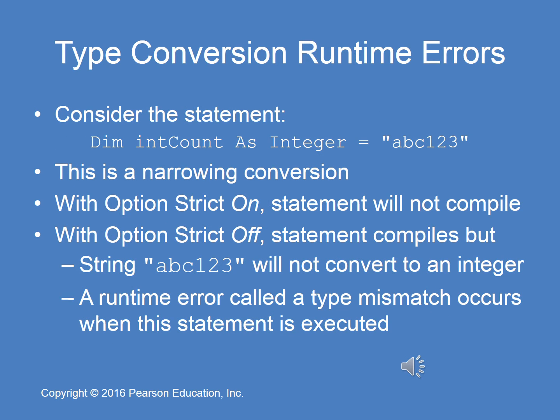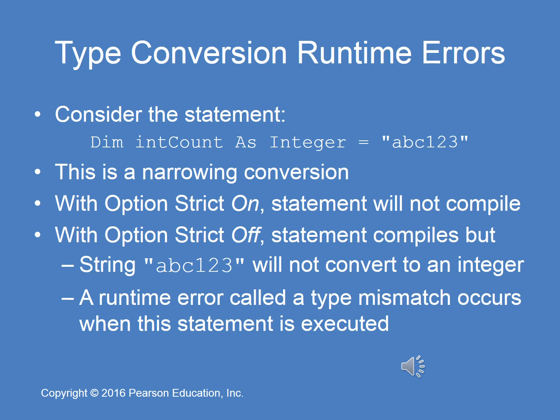Here's an example of a runtime error caused by a type conversion. Here's the statement: Dim intCount As Integer equals, and then a string, "ABC123". This is obviously a narrowing conversion. With Option Strict On, the statement will not compile.